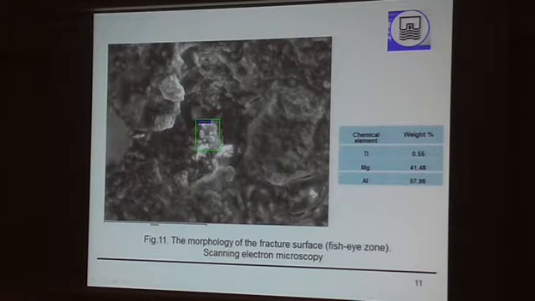We investigated the other half of the sample, and in the center of the fisheye zone, the content of magnesium is 41% and aluminium is 57%.